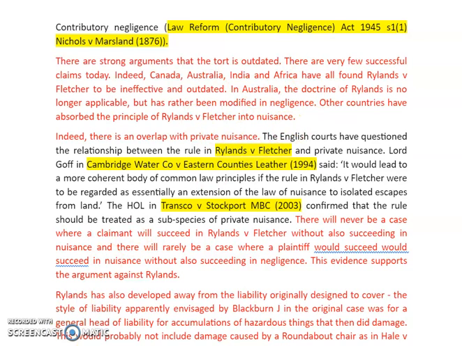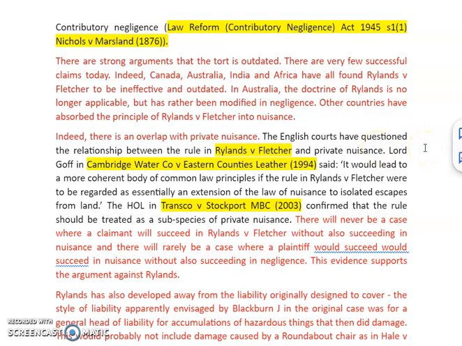You could go on to talk about the fact that there is an overlap with Rylands with the area of private nuisance. And because of this overlap, the English courts have questioned the relationship between the rule and this other tort.